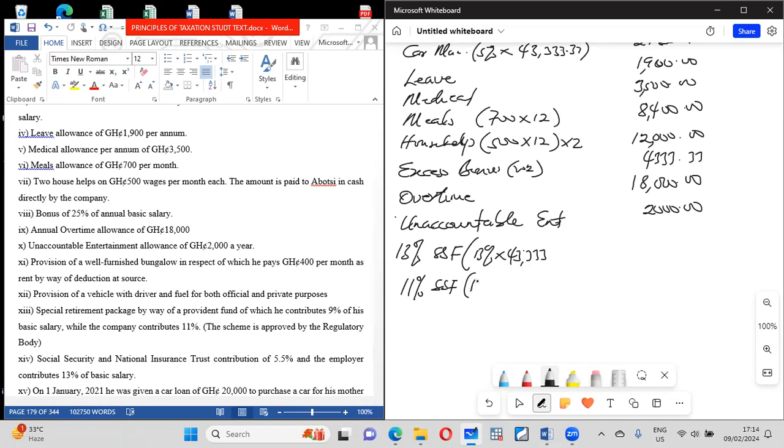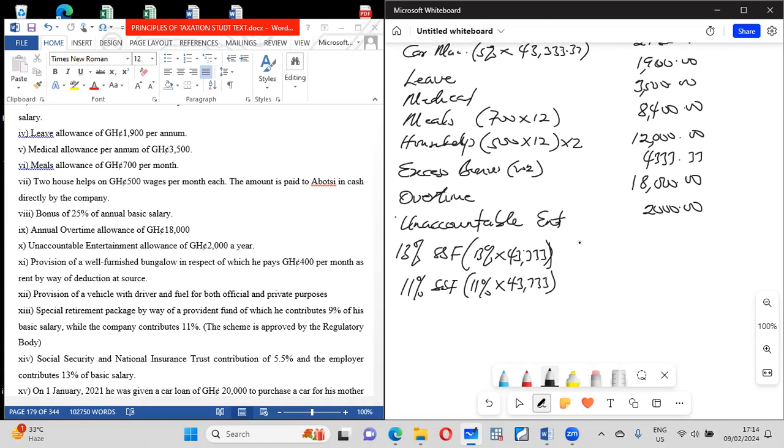So that one gives me 11%, multiplying 4 by 3, 3, 3, 3. How much is that? So we are told that this scheme is approved by the regulatory body. So how much is this one?